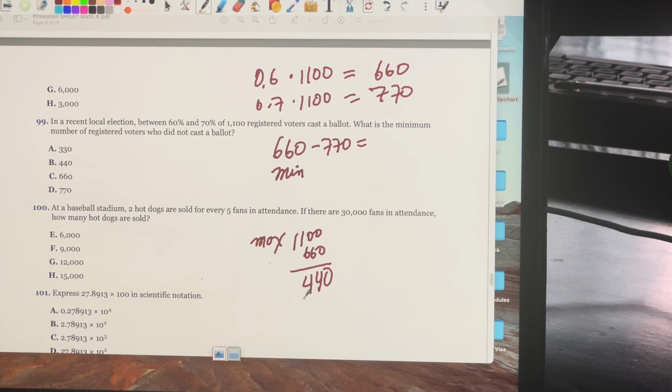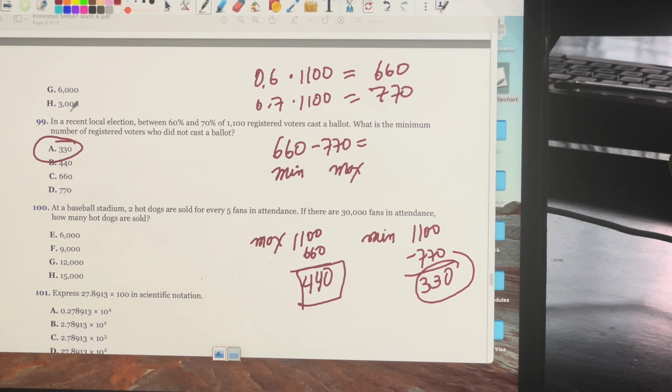So the maximum number of people who did not vote would be 440, but that's not what they're asking us. If the maximum number of people who voted was 770, the minimum number of people who did not vote would be 1100 minus 770. 10 minus 7 is 3, and then 10 minus 7 is 3, so 330. Oh, there we go, letter A.